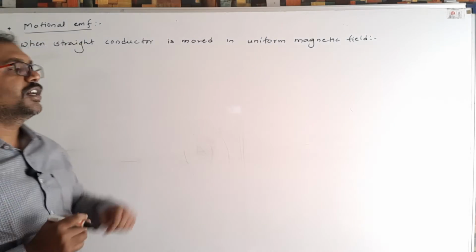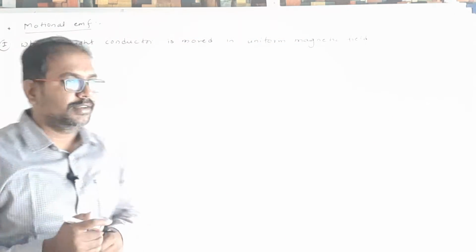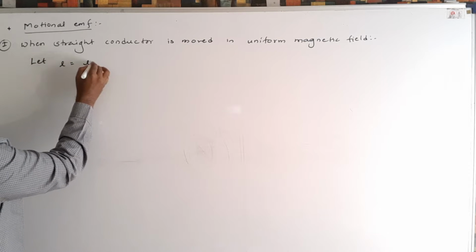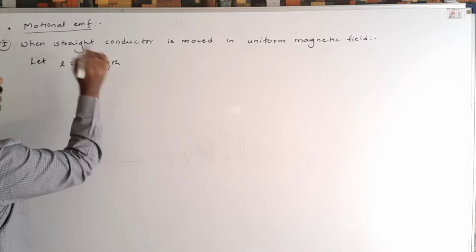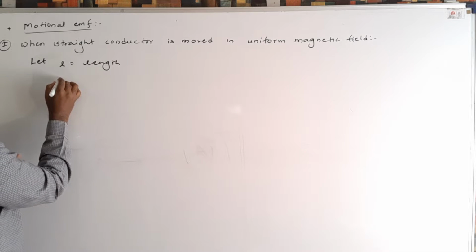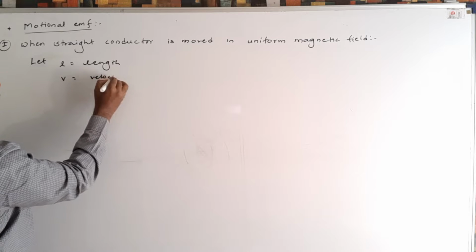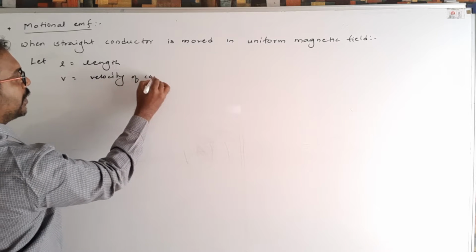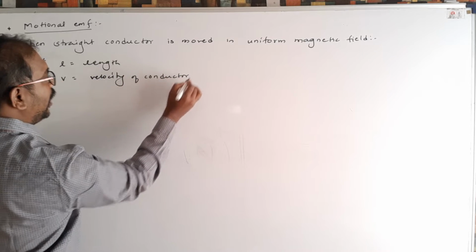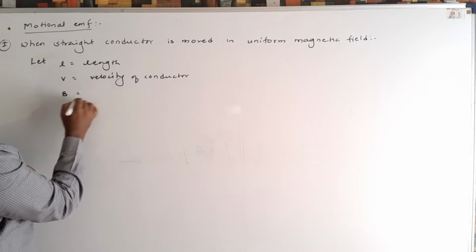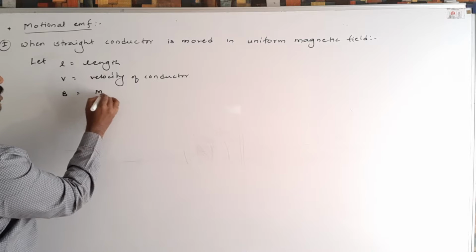So when a straight conductor is moved in uniform magnetic field, let me consider a straight conductor of length L moved in uniform magnetic field with velocity v. So this is the velocity of the conductor, and the field strength, the magnetic field, is B, magnetic induction.